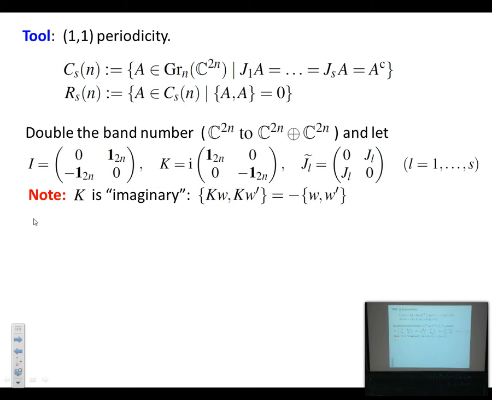In the double space, so we start with a system with S pseudosymmetries, and in the double space, we put the original generators on the off-diagonal blocks. And we invent 2 new generators, just like this. Then you check that all of these give you a new Clifford algebra with 2 extra generators on the double space.